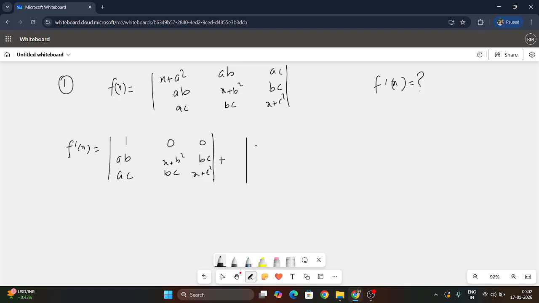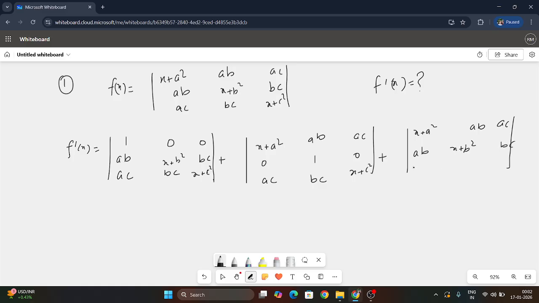For the second, the first row is as it is, and the second row is going to be constant, so 0, 1, and 0, with ac, bc, and x plus c square, plus, and the first and second rows as they are, and differentiate the third row, so 0, 0, and 1.